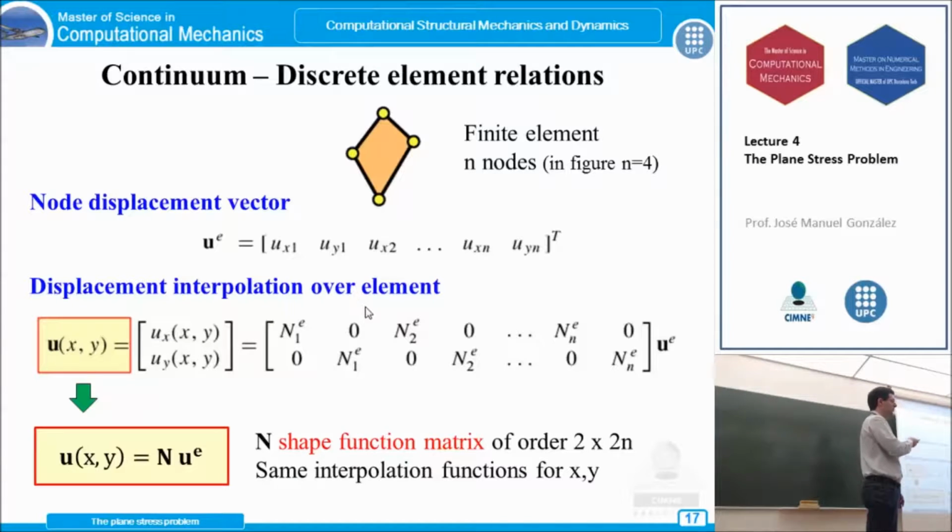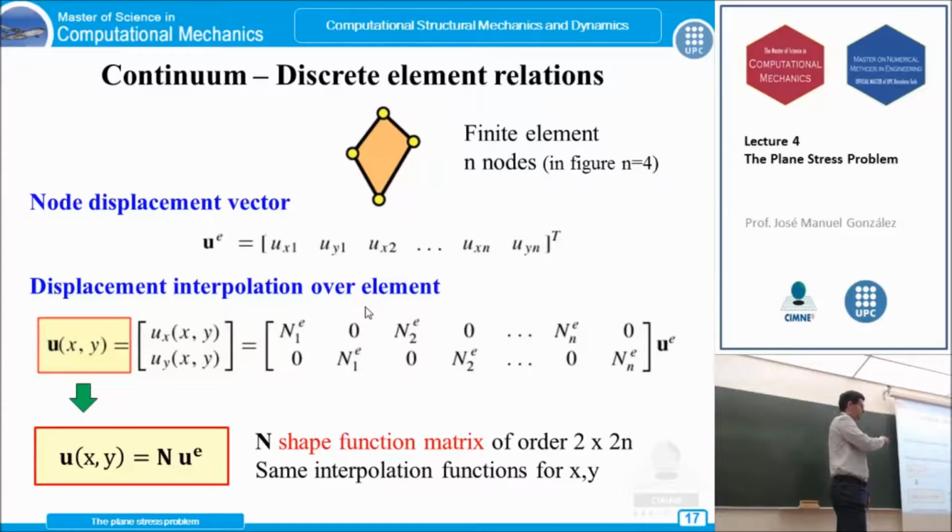So we consider 2 components of the displacement values for any of these nodes. So our displacement vector will have 2 times n, in this case 2 times 4 components, considering these 2 components x and y for any of the nodes involved in the finite element.